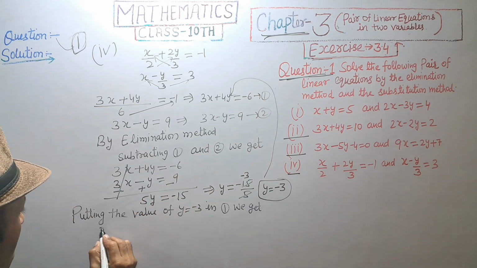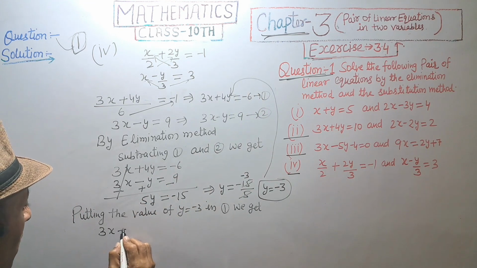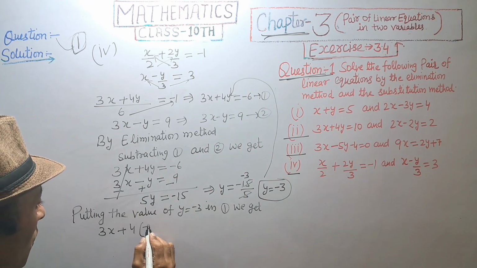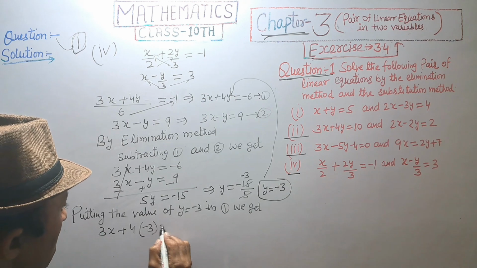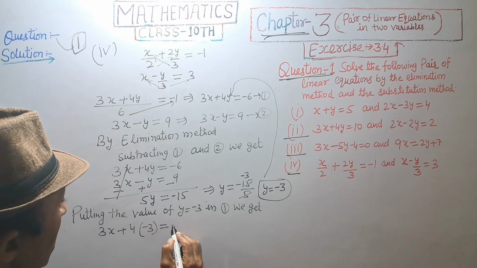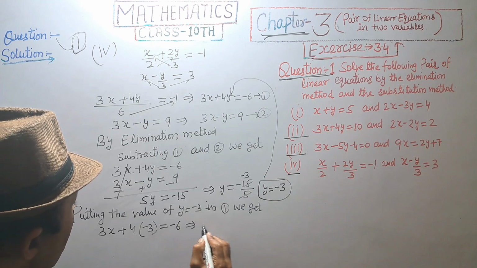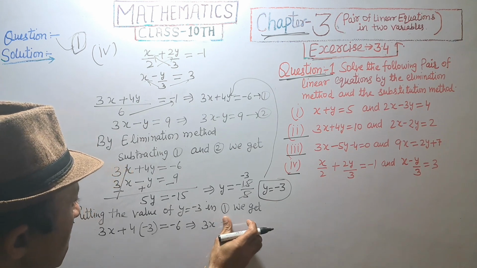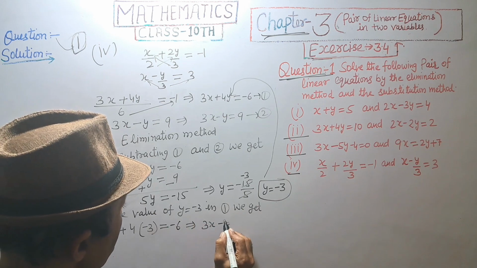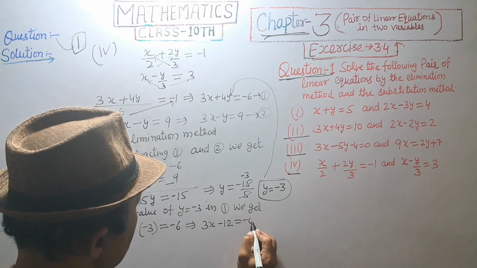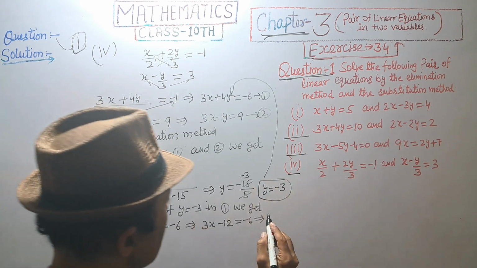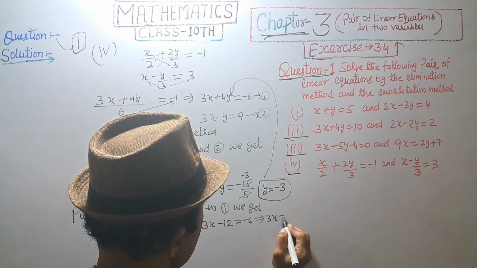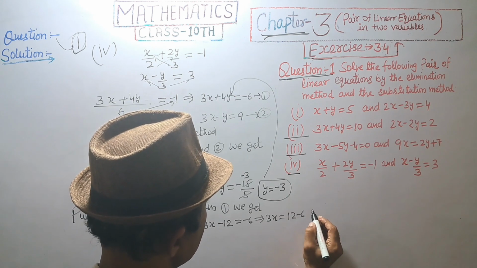first equation, 3x plus 4 into value of y is minus 3 equal to minus 6. This implies 3x minus 12 is equal to minus 6. Shifting right side 12, 3x equal to positive 12 minus 6.